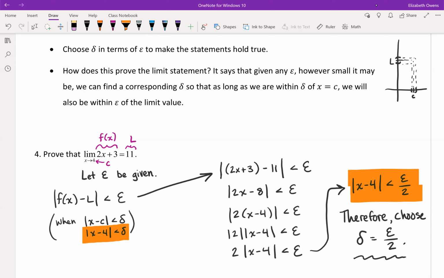So we've proved that this limit truly is what we say it is. That limit of 2x plus 3 as x approaches 4 really is 11, because no matter how small the epsilon is, we know the delta that's going to go with it to ensure that we fall within epsilon of that limit value.